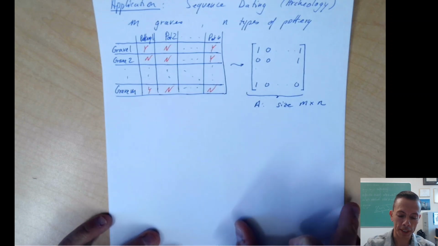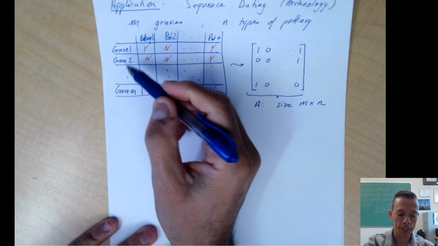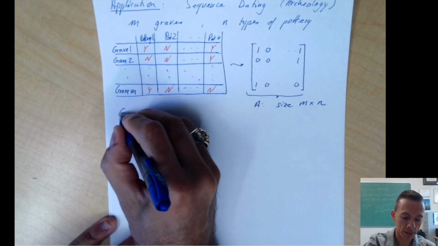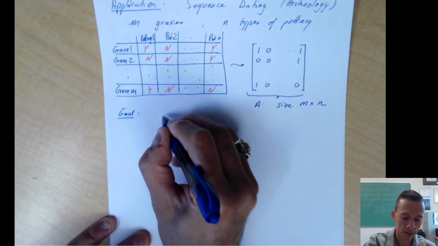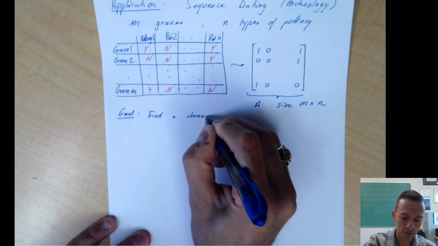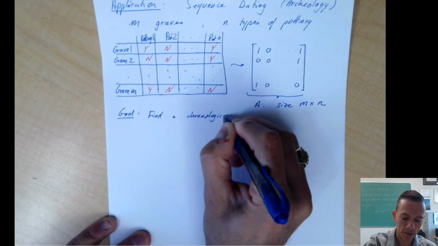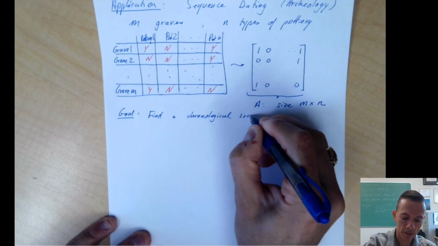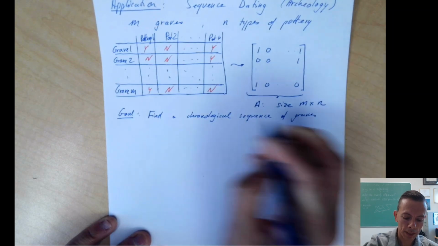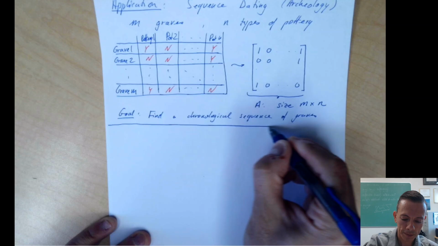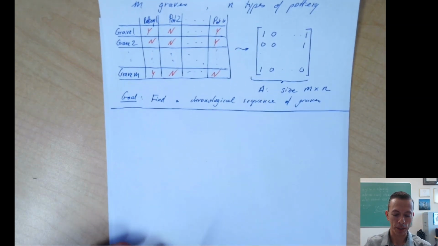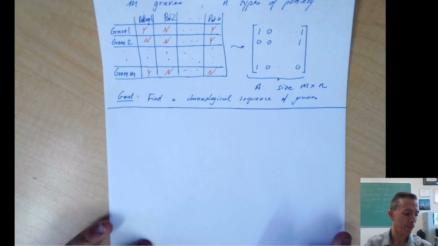So the goal, like I said, is to be able to date the graves into a chronological sequence. There are a few different additional matrices that are used to do that.